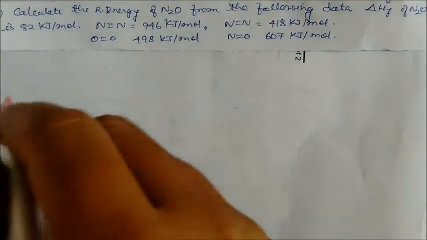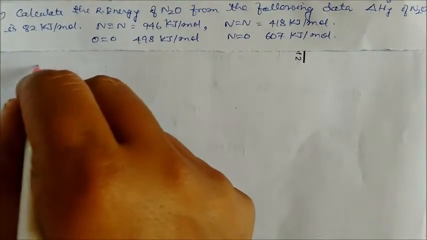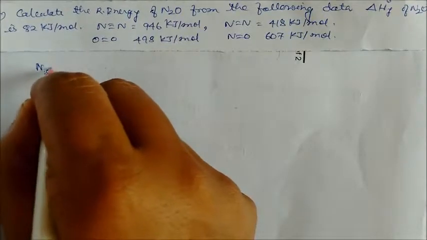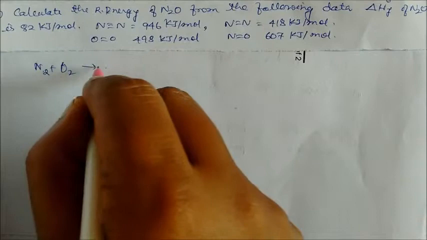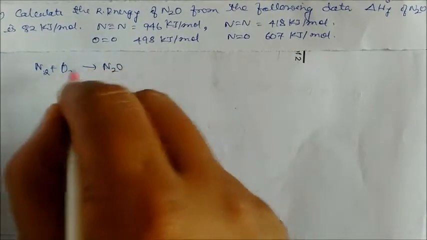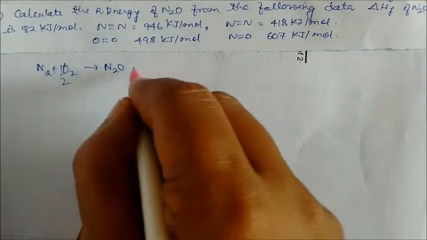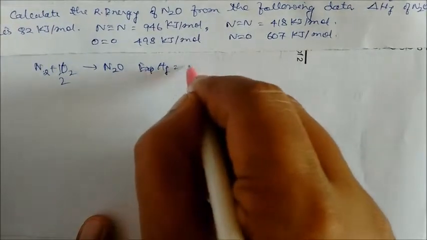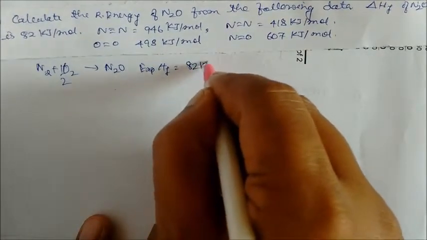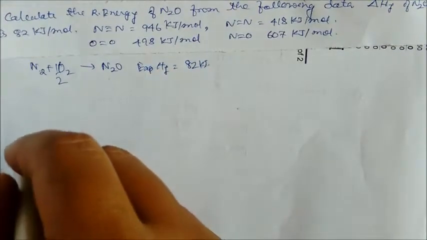First you write the equation: N2 plus half O2 gives N2O, and for this the experimental heat of formation is 82 kilojoule. Now you have to use the bond energy data.